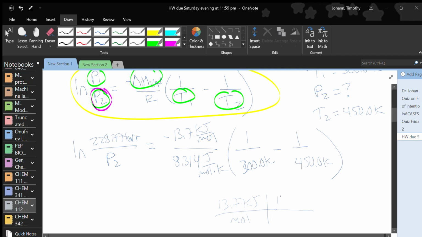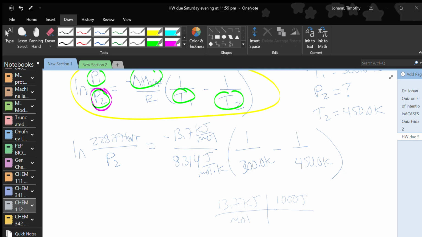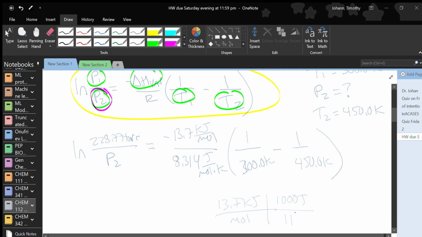That's good. I asked all of those because sometimes people don't pull the number along with the units, right? There's 1,000 joules in a kilojoule. 1,000 is stuck to the joules. So that's equal to a kilojoule here. These two things cancel, right? And that's going to give me 13,700 joules per mole, right?